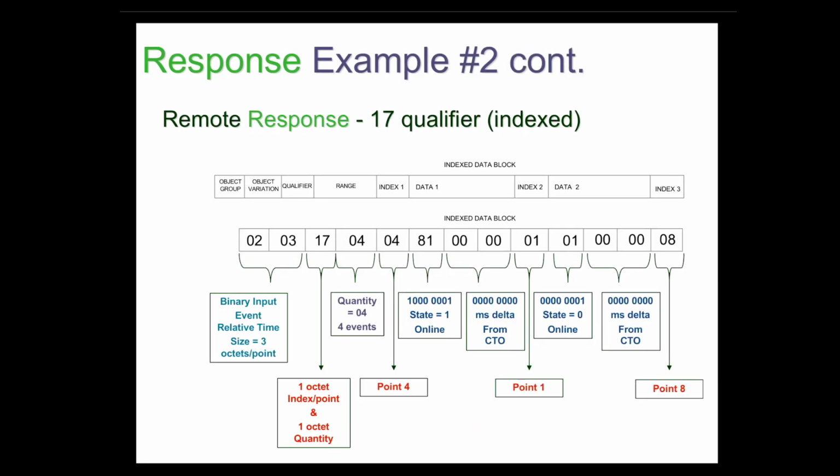Okay, what do we see here when it comes to this response for a qualifier 17? We have a 1 octet or 1-byte quantity. That number of points is 4 events. This is indicating the 1-byte index that's for each point. Now, again, the only way you would know how to parse this out is to have that document.